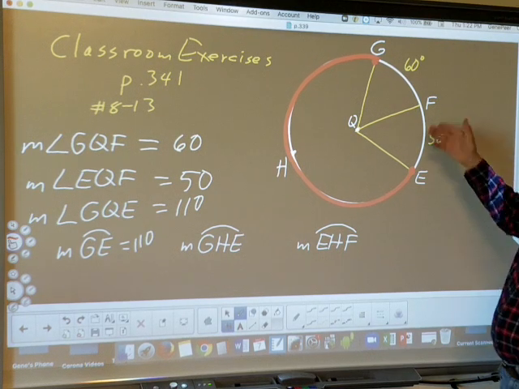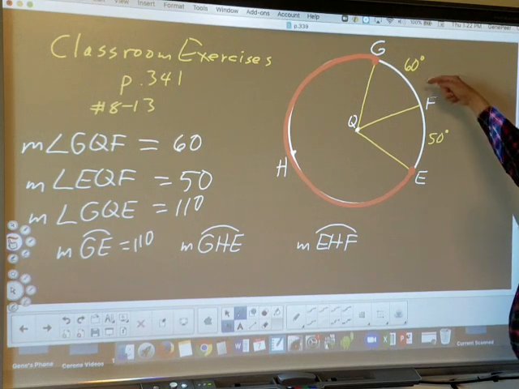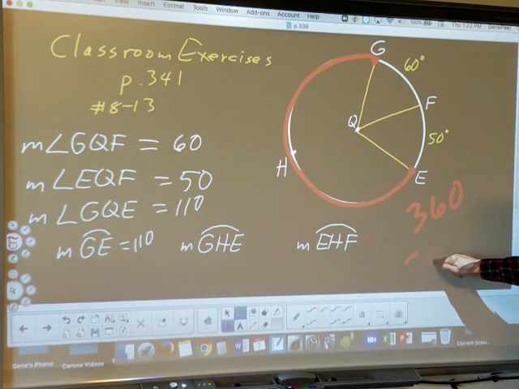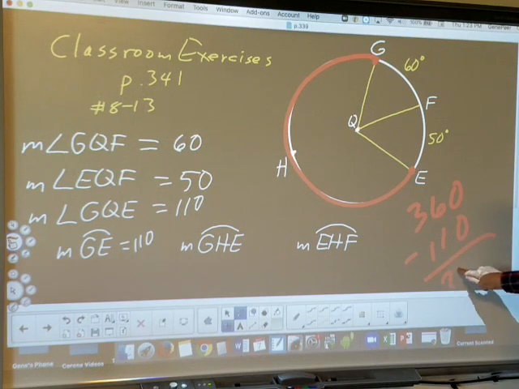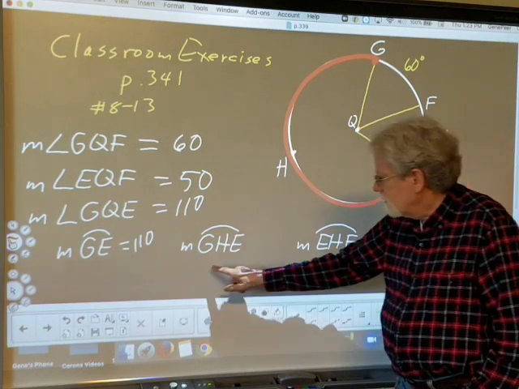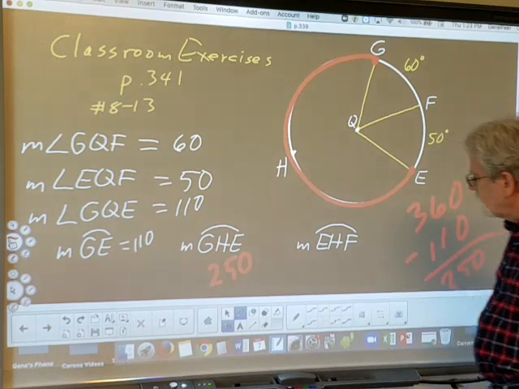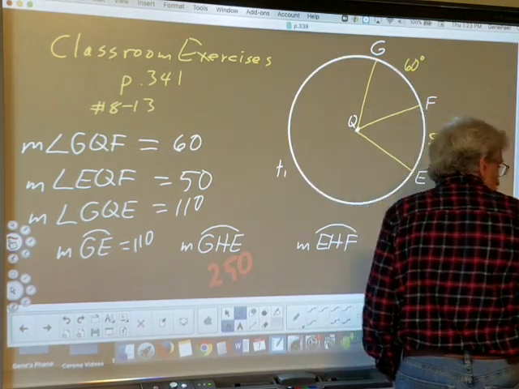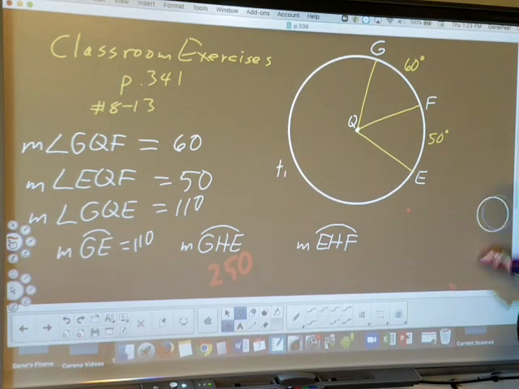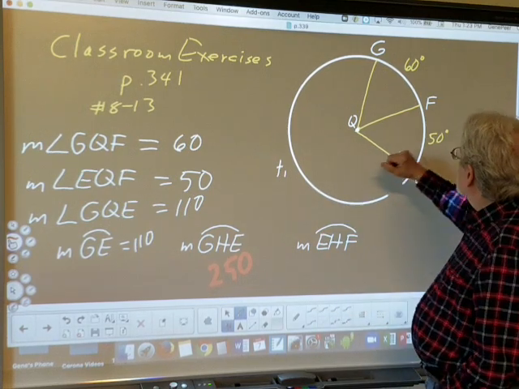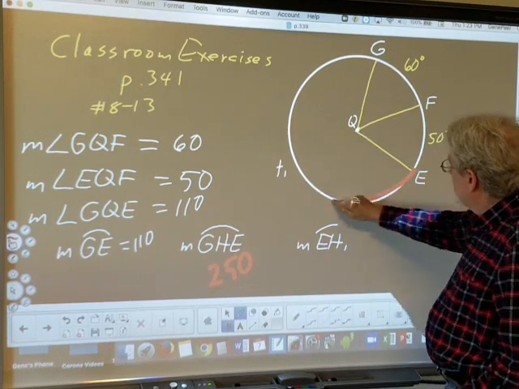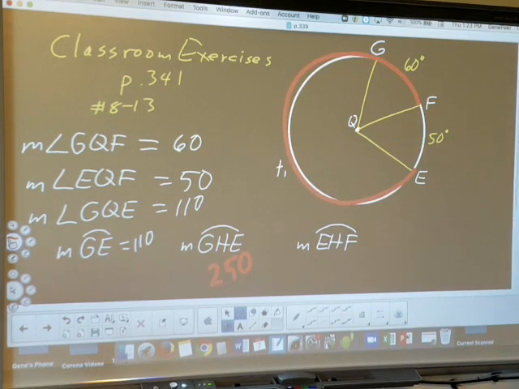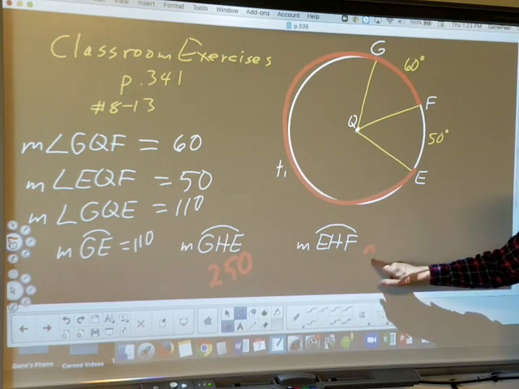We just take 360, the whole circle, and subtract out 110. 360 minus 110 is 250. So it's got to be 250. And the last example, EHF. EHF will be 360 minus 50, better known as 310.